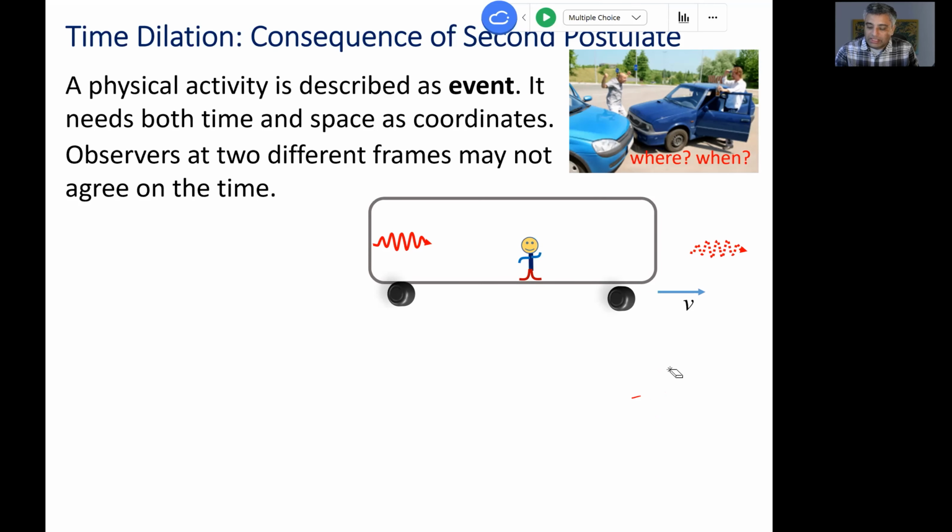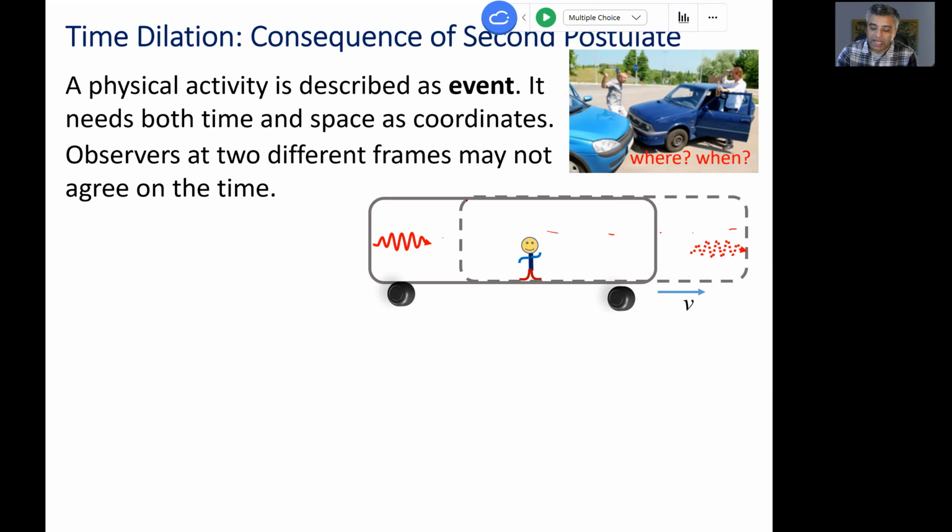So just like the last question we had in the previous slide, let's suppose now the light source is here, okay, and the light source emits the light, and then light travels like this, but the light source is attached to this moving object, right? So it's a moving object, so that means after a certain time interval, let's say delta t, what's going to happen?